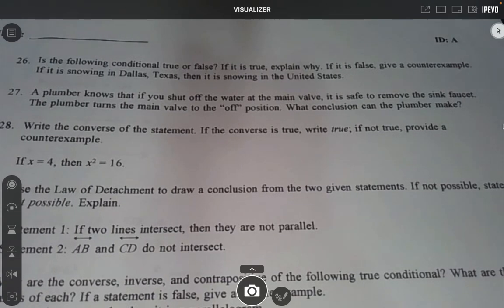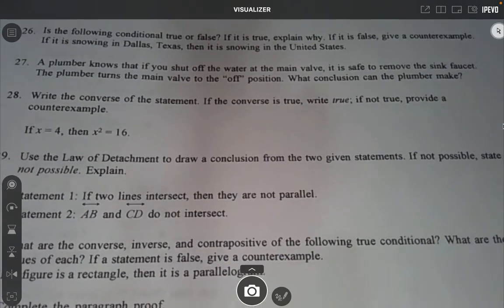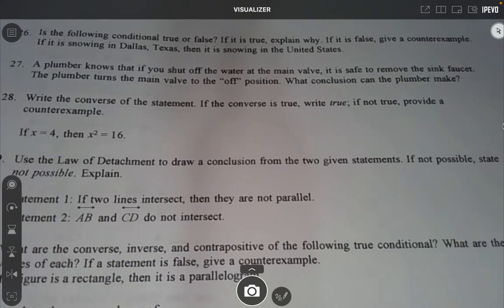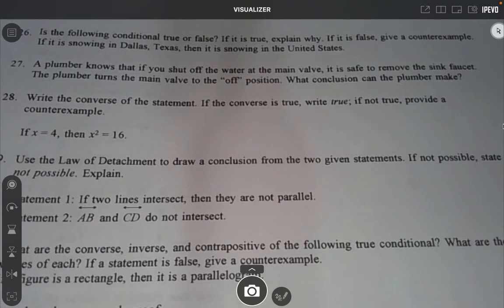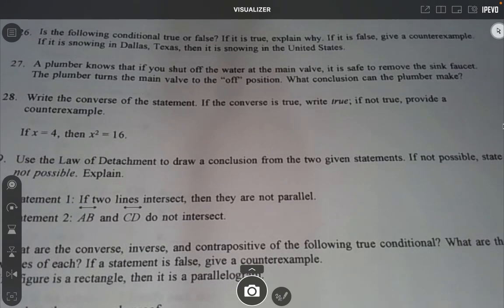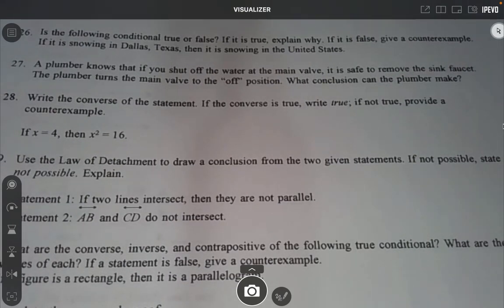A plumber knows that if you shut off the water at the main valve, it is safe to remove the sink faucet. The plumber turns the main valve to the off position. What conclusion can the plumber make? It is safe to remove the sink faucet. Because the water's off.